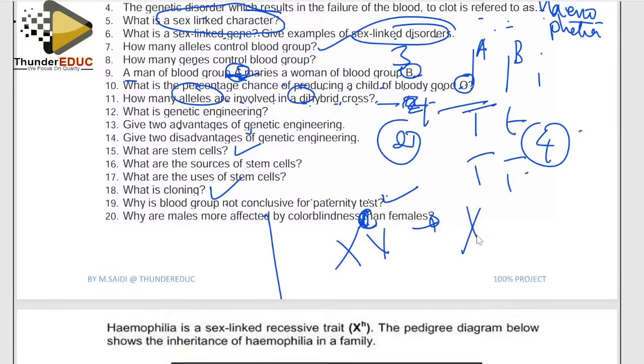While females have two, if a recessive allele appears on one X, it can be masked by the dominant allele on the other one, and the individual is still normal. We need to understand that much better.